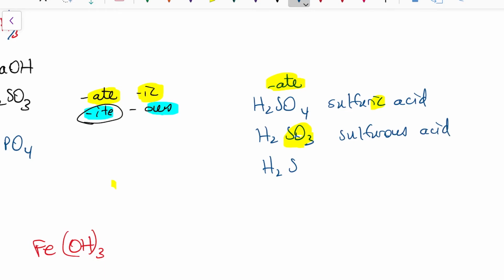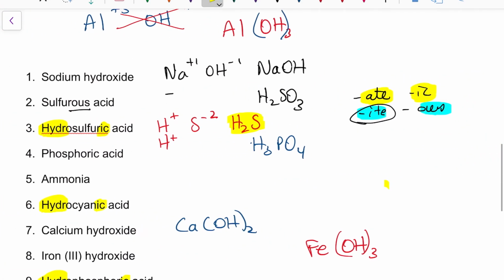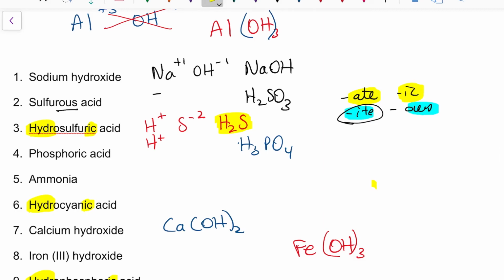And then this one is not polyatomic, it's binary, so this one's going to be hydrosulfuric acid. Oh my goodness, so much to think about. It isn't easy, and it just comes from practicing. If it's overwhelming, you're not alone, but it comes from practice, okay?